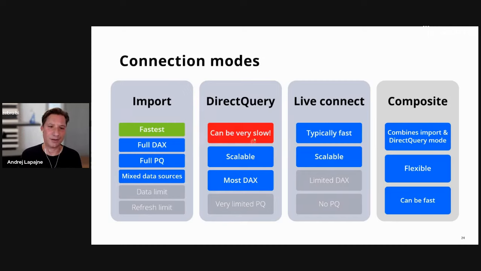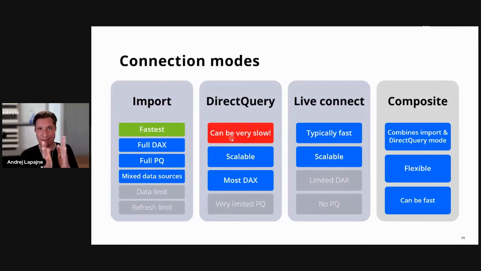So there's red here, not because direct query per se is slow, but because it can be extremely slow, because then you are not really using the fantastic engine of Power BI, but the query is sent to your data source, to your SQL Server typically, and then it is run there, and then it returns the results.